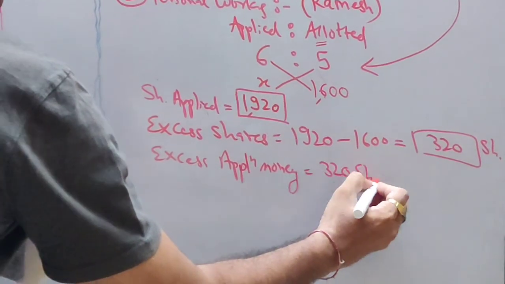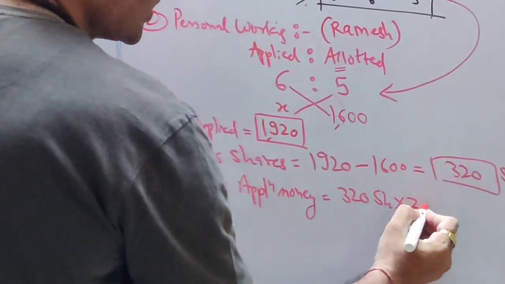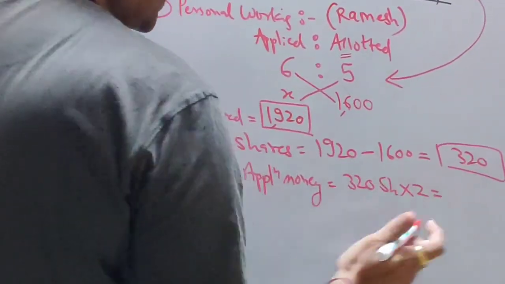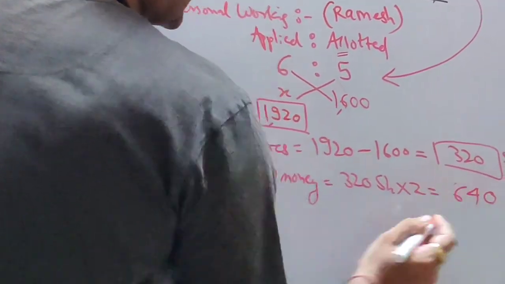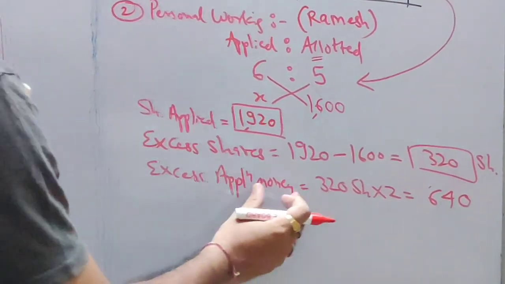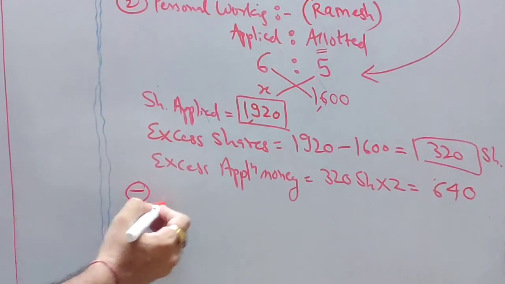You multiply 320 shares with the application money. How much was the application money? 2 rupees. So if you multiply this, it will be 640. So this is the excess application money which is to be adjusted against what?